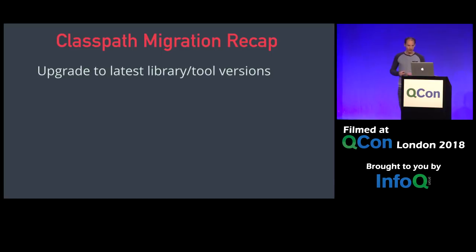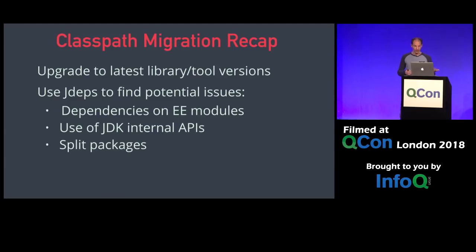So, looking at class path migration, first, you should always upgrade to the latest versions of tools and libraries. Lots of these issues have been teased out already for you, so you won't run into the issues that we just saw, hopefully. And if you do, then really try to contact maintainers and point them to their responsibility to make it work with the future of Java. Again, use jdeps to find any of the potential issues, like these dependencies on the enterprise modules or use of JDK internal APIs.